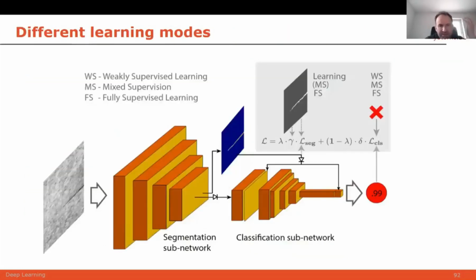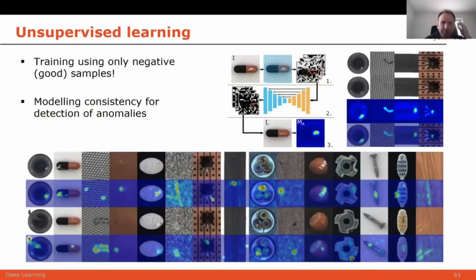Yeah, but this is the architecture that we used yesterday. I showed how to use that for supervised learning, but in a similar way it can also be used in this mixed supervision manner. But something I would like to show here is actually Vityan's work, right? So this is about unsupervised learning, exactly what I was mentioning before. So it's again about defect detection.